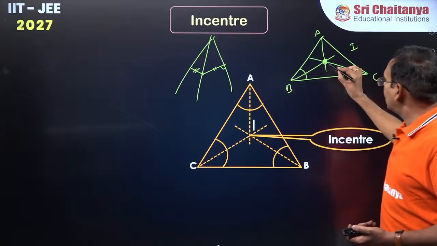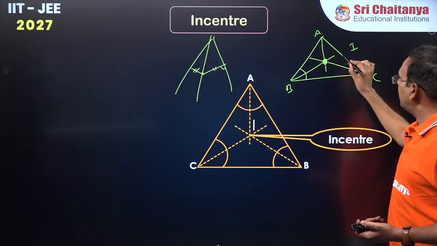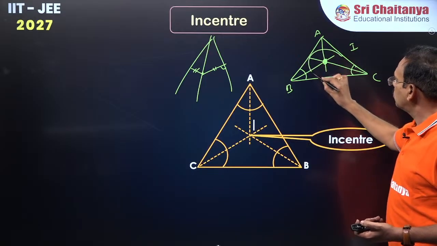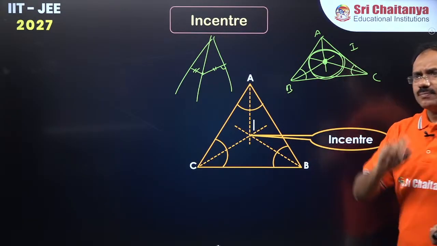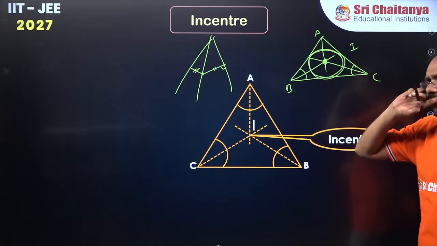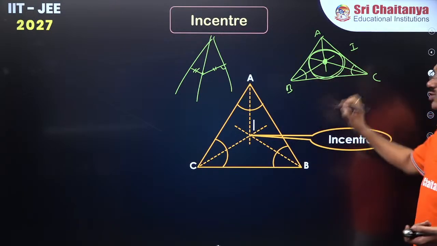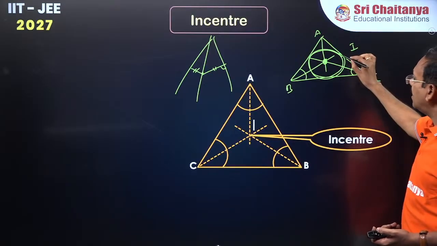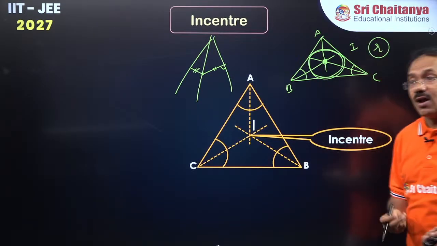So from this point I, if you drop perpendiculars to all three sides, they will be equal in distance. So if you draw a circle, it touches all three sides. This circle is inside, so we call it the incircle. Its center is denoted by I, radius is denoted by small r.